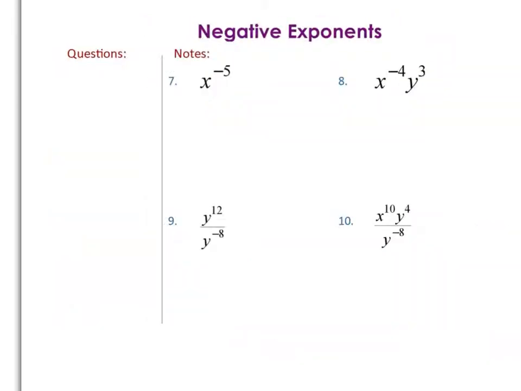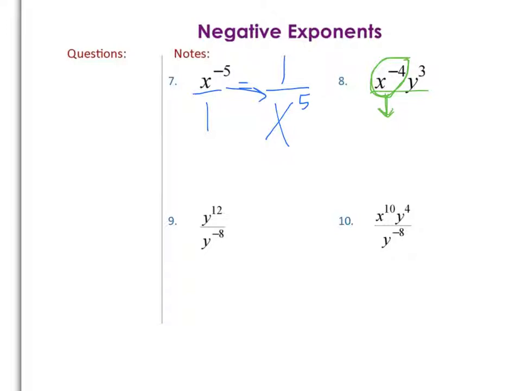So this first one we just did, x to the minus 5, would be 1 over x to the positive 5. If it's negative on top, bring it to the bottom, and it becomes positive. Number 8, I have x to the minus 4 times y to the third. Well, only this piece goes to the bottom. If I think about this being a fraction, only the variable with the negative exponent goes to the bottom.